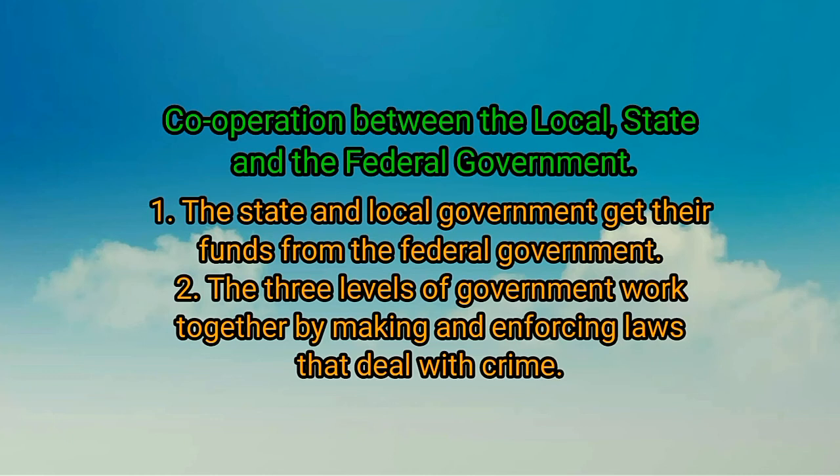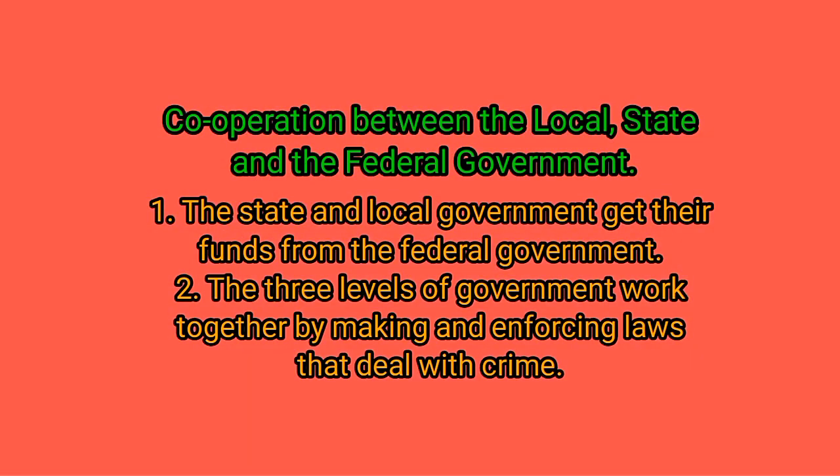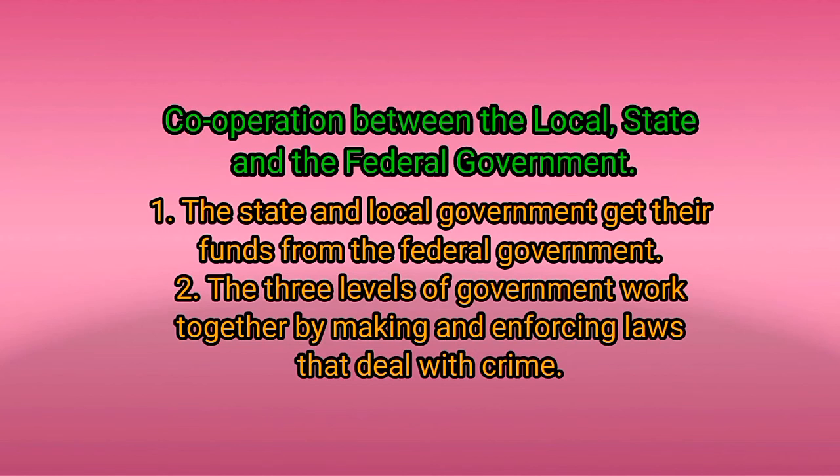Now, for example, the states and local governments receive grants from the federal government. The local, state, and federal governments work together by making and enforcing laws that deal with crime and so on. So the three levels of government also need to cooperate with one another.